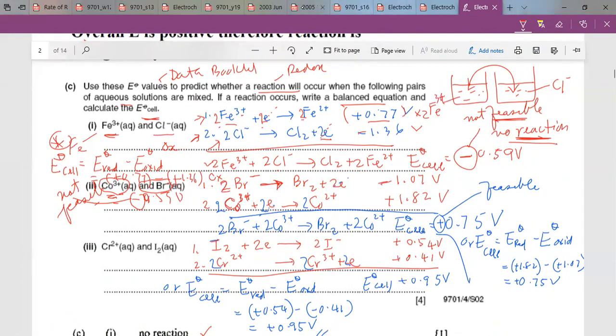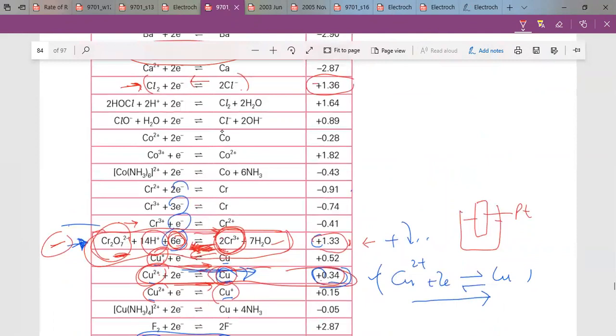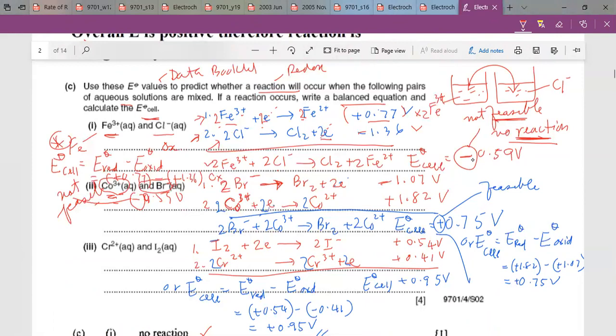You become more familiar with this when you do your transition metals. We don't want cobalt 2+ to cobalt; we want cobalt 3+ to cobalt 2+. The choice is very important. Reduction, going forward, will be positive 1.82. Cobalt 3+ plus electron goes to cobalt 2+, 1.82 positive. Now I want to kick these 2 electrons out.